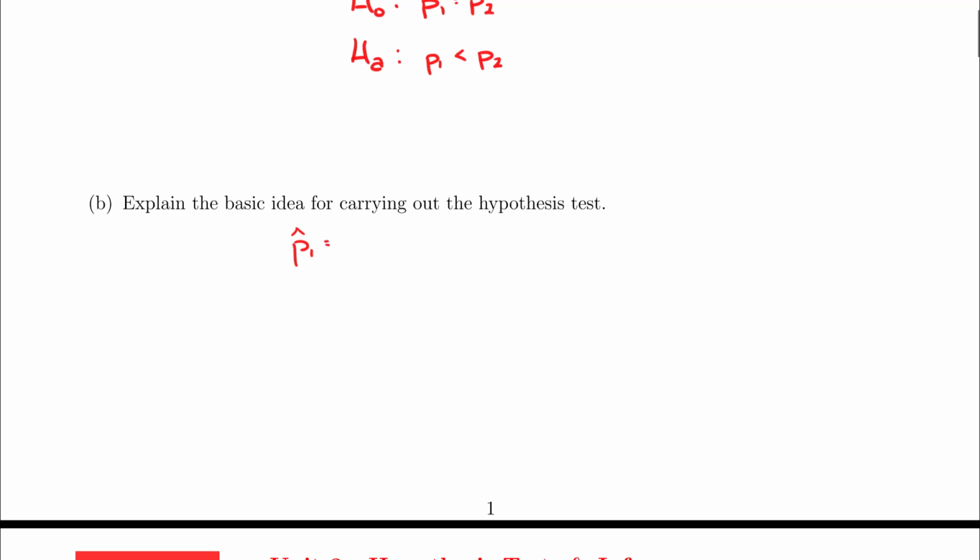Remember, that's the sample proportion: the proportion of men who order the vegetarian meal from the sample that we had. That's 276 men who said they ordered vegetarian out of 747 sampled. And then p hat sub 2 is the proportion for the sample of women, which would be 195 out of 434.